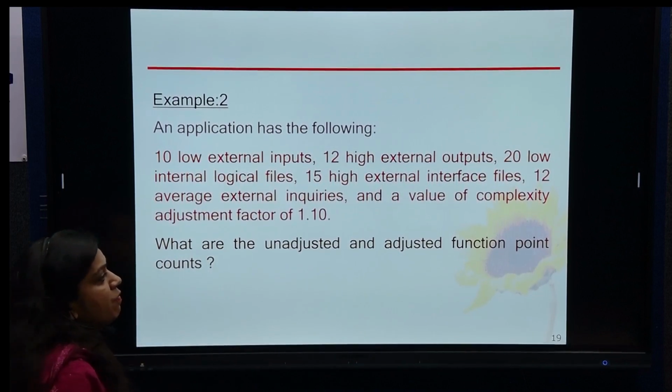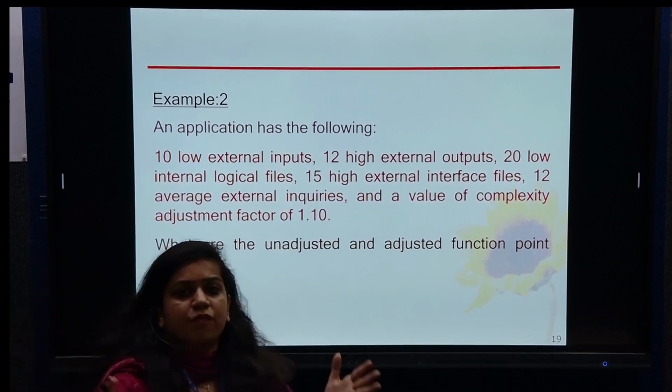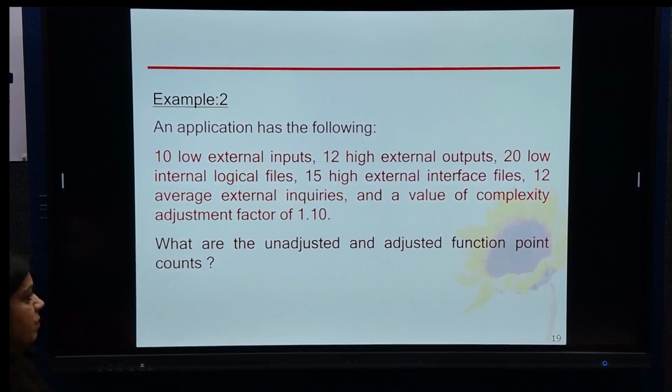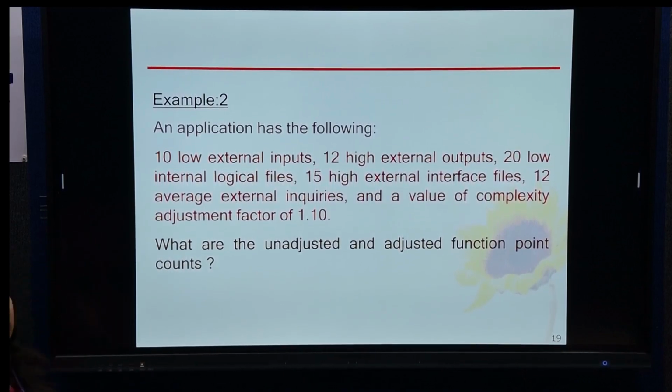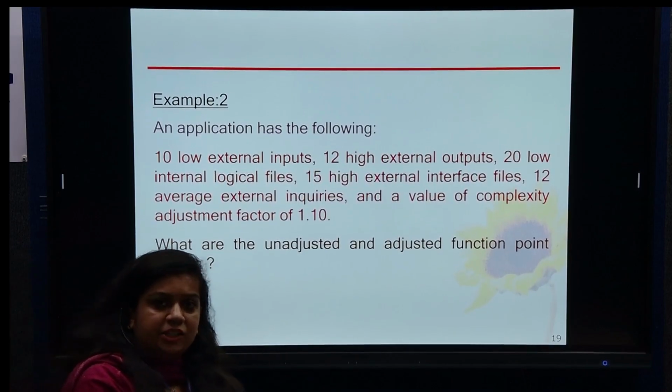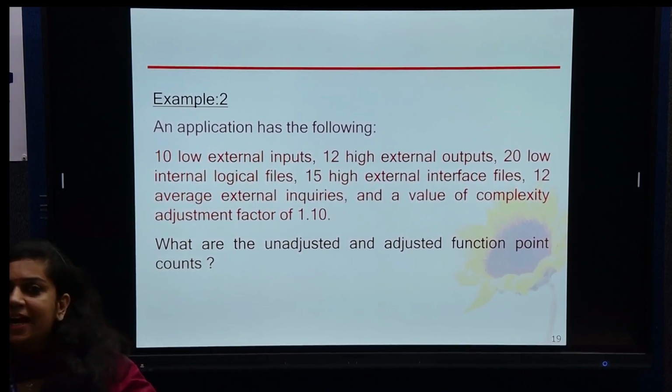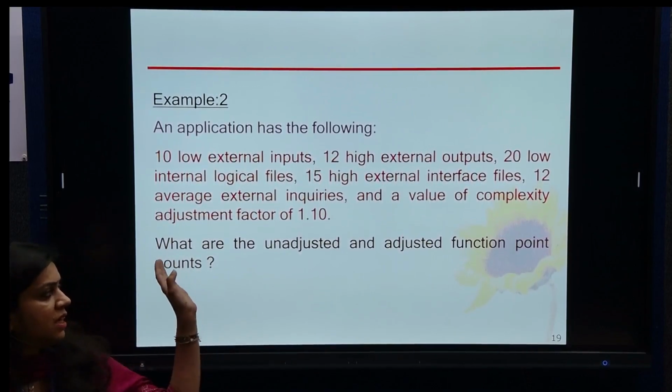It means it's given that the value of CAF is 1.10. Now we have to calculate UFP, that is unadjusted function point, as well as adjusted function point, that is FP.